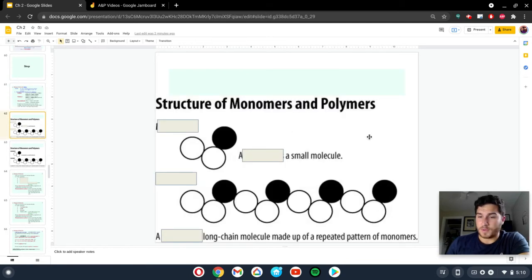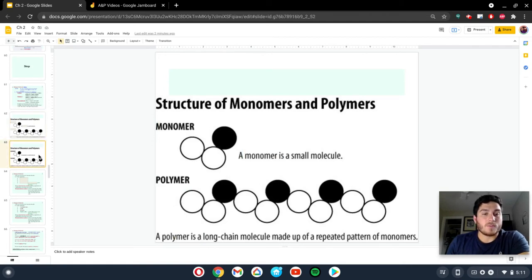And this is an example right here of that. This slide is cool for two reasons. Number one, you can see one subunit, the monomer here, and you can see the chain of these same things over and over again, which make a polymer. If you don't believe me, bam. So with that said, a monomer is one single subunit.